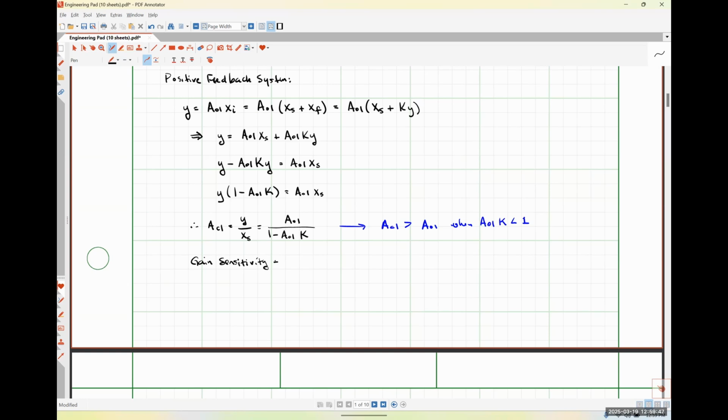Essentially, gain sensitivity means that a small change in the open loop gain causes a large change in the closed loop gain of the system.